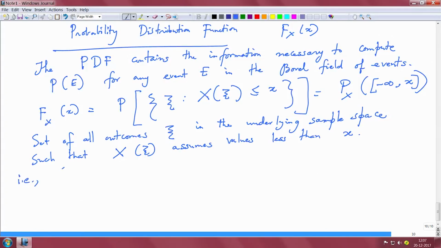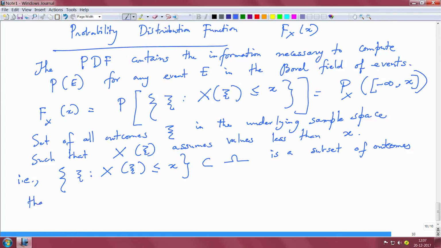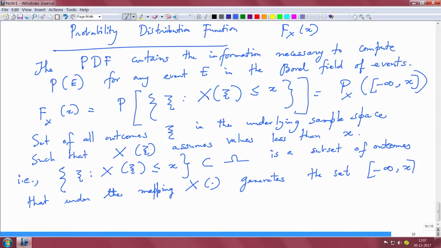Now, as you can see, the set of all zeta such that X of zeta is less than or equal to x is contained within omega, right, and this is a subset of outcomes that under the mapping X generates the set minus infinity to x.